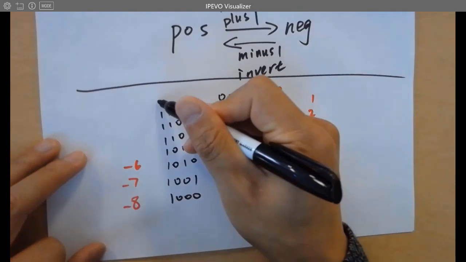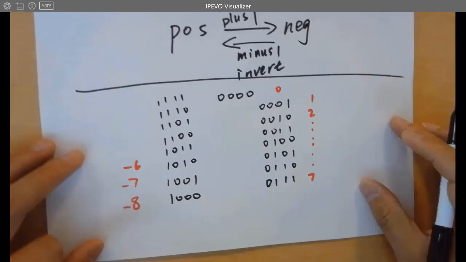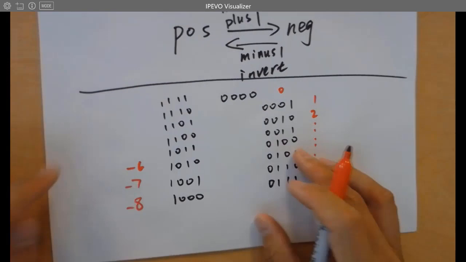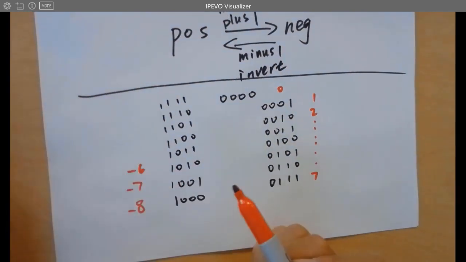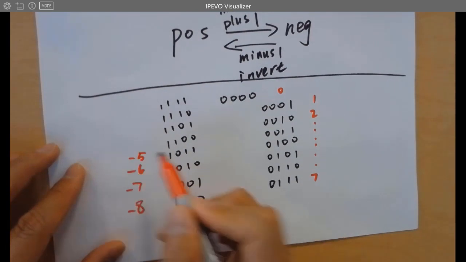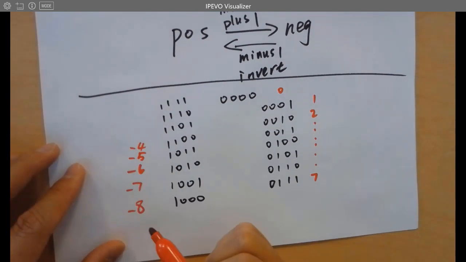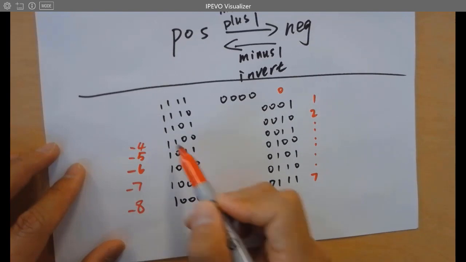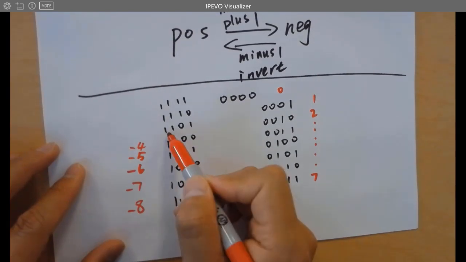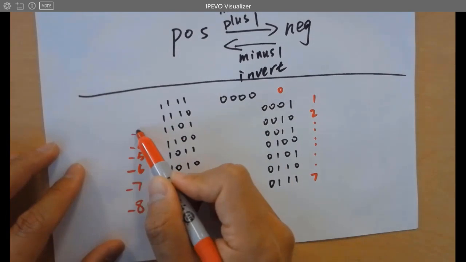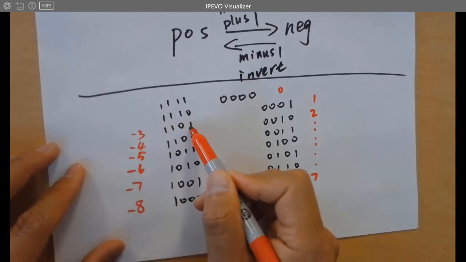We have the next one, 1, 1, 1, 1. You let me know what they are. What is this? Minus 5, minus 4. Why is it minus 4? Negative 8 plus 4. What is this? Negative 8 plus 4 plus 1.